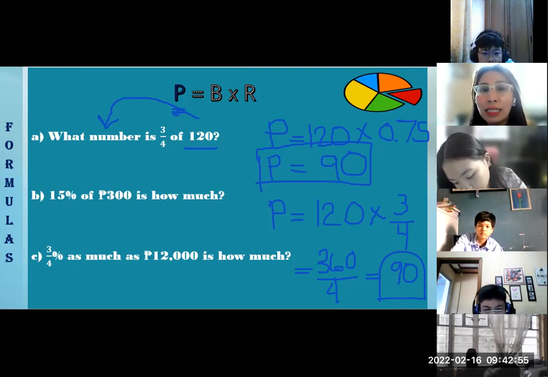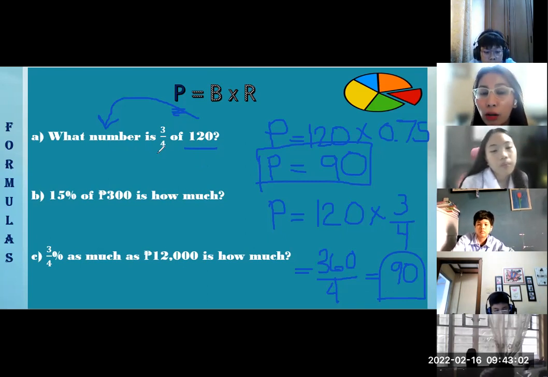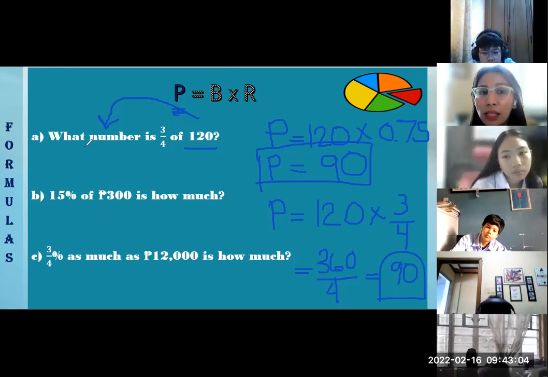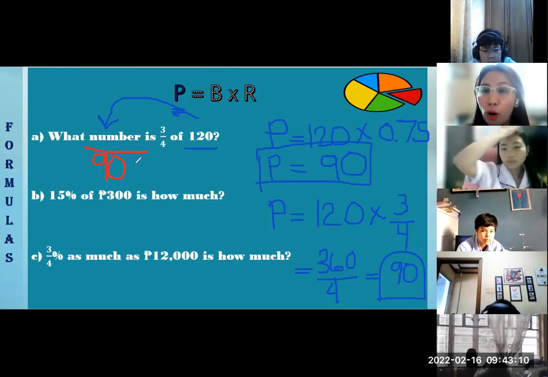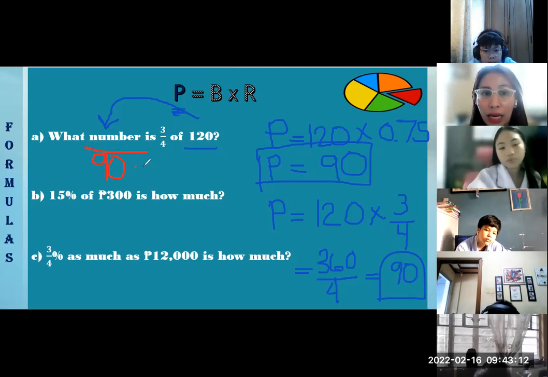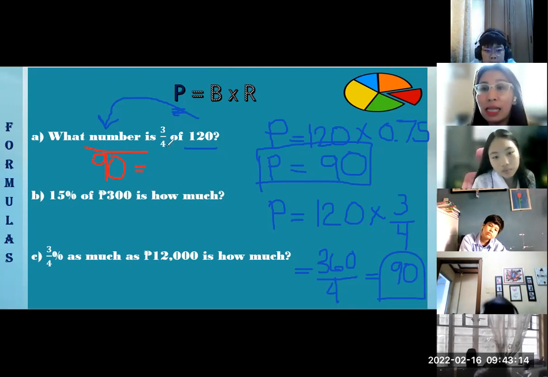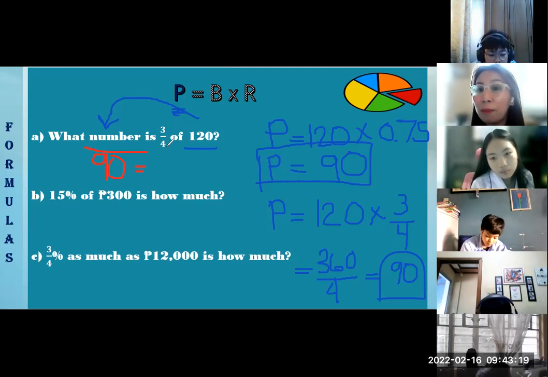Ayan. So, analyze na natin, class. Let's analyze. What number is 3/4 of 120? We already know that this number is 90. Ayan. 90 daw is 3/4 of 120. Okay, is sa number equation class, pag may naririnig kayo na is, ibig sabihin po doon equals.